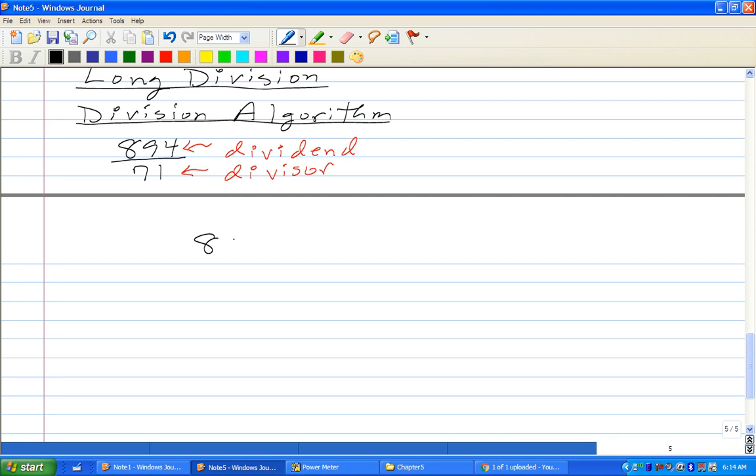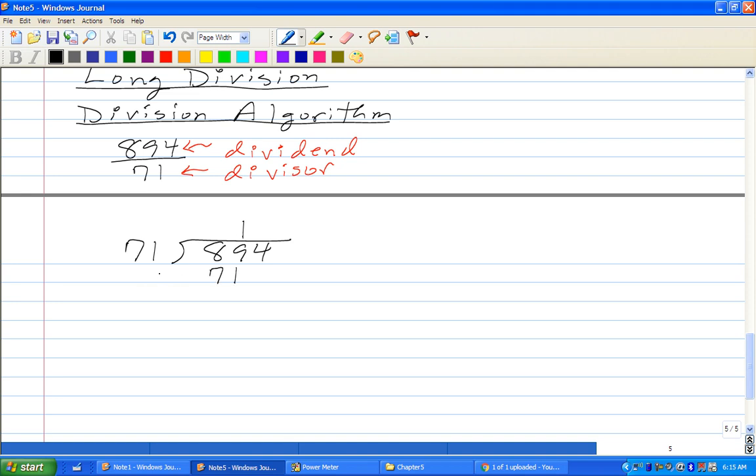So 894 divided by 71. Okay, so let's divide. Well, 8 divided by 7 is 1, so let's put a 1 here. And 1 times 71 is 71.